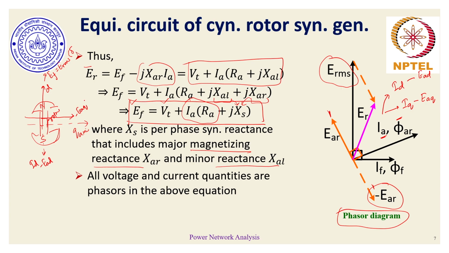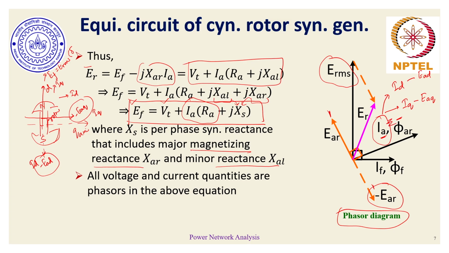Then if we correlate these induced EMFs and reaction voltages because of ID and IQ components of IA, the corresponding direct axis current should lead the corresponding minus EAD. So essentially ID current should be aligned along this particular axis, whereas IQ current should be aligned along this particular axis, in correlation to the corresponding currents which have been shown here for the cylindrical pole machine.